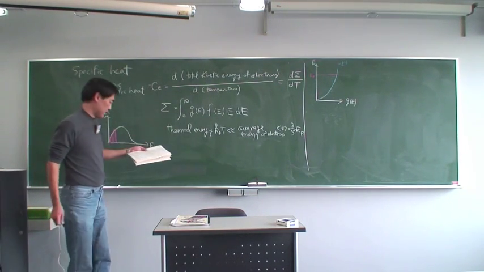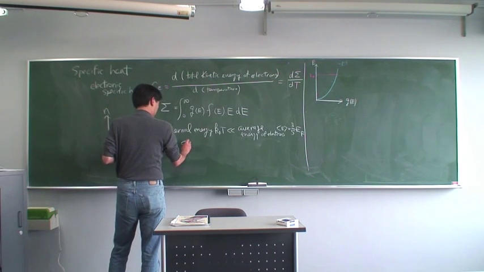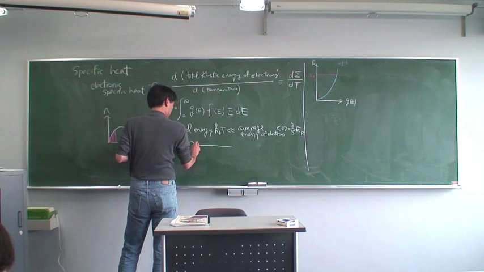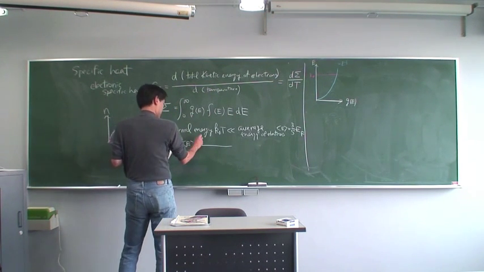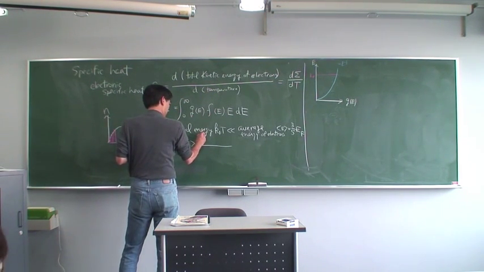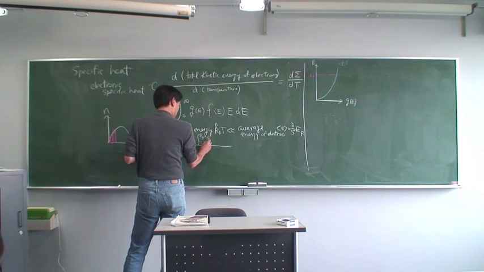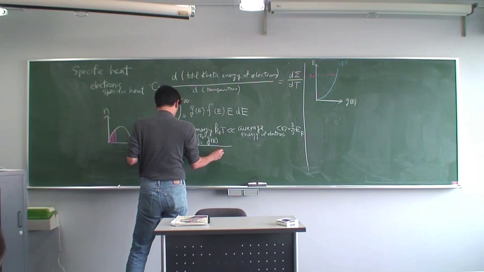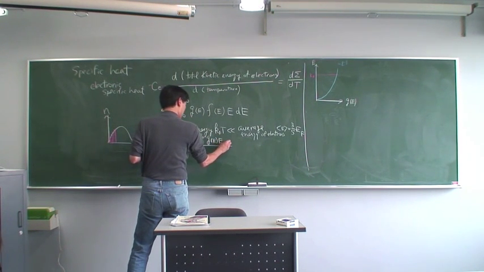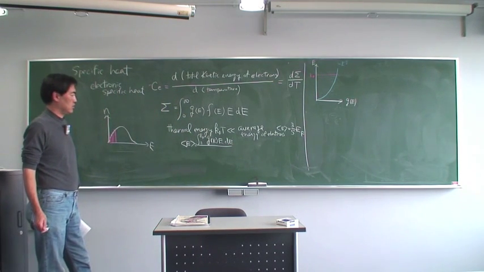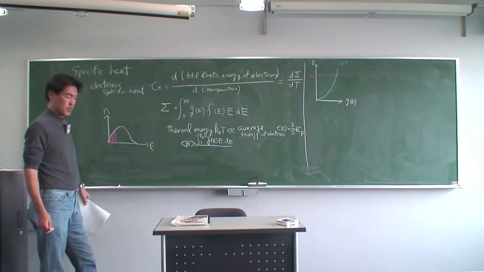how do I get this? Let me just show you. Average energy is given by the integral from 0 to EF, for 0 Kelvin, of G(E) E dE, divided by the concentration.